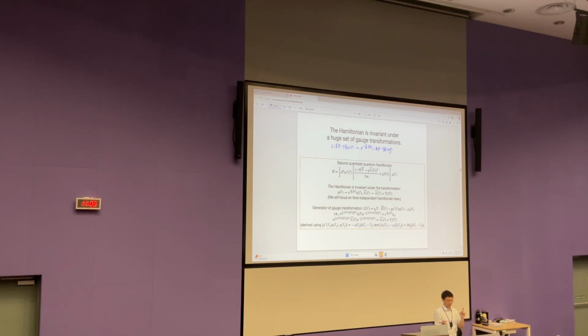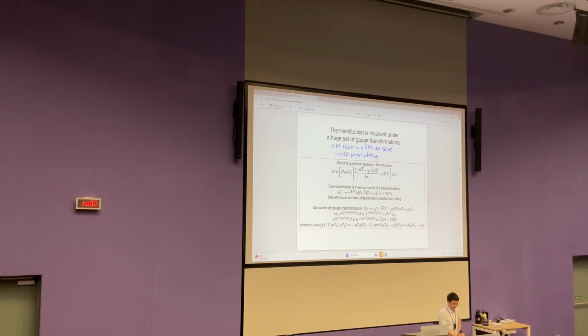This is not very trivial because if I just do this transformation, what appears is first this A will be changed into A plus the gradient of f, and at the same time this little a will have this phase factor.